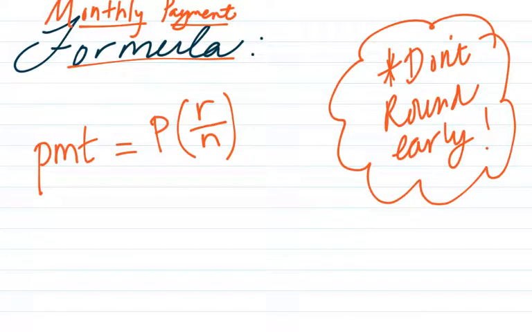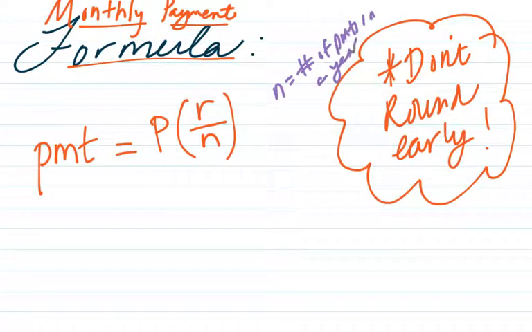However, in this formula, N represents the number of payments in a year. But we are specifically looking at monthly payments, so in our situation, N is going to equal 12.